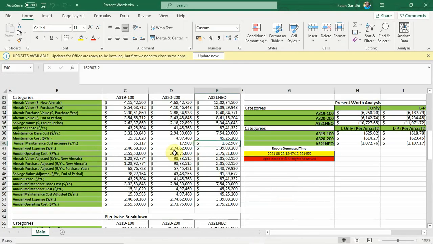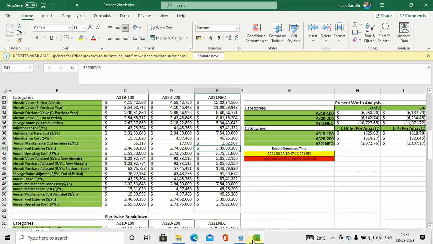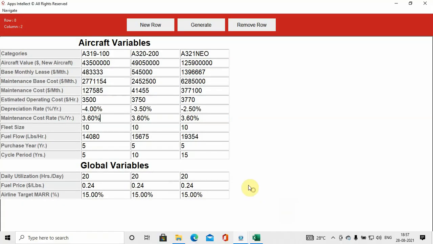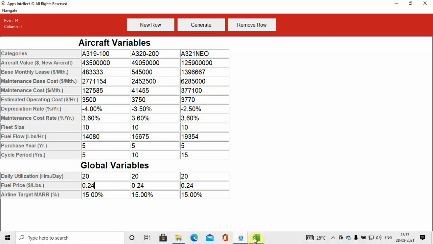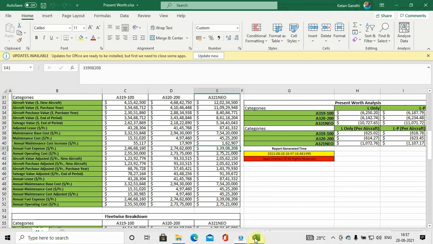So then we'll have an annual fuel expense. As we saw here in the input, we had entered fuel flow price per hour, then the daily utilization of the aircraft, that is 20 hours, then the fuel price, and multiplied by 365 when we are taking into consideration the whole year.